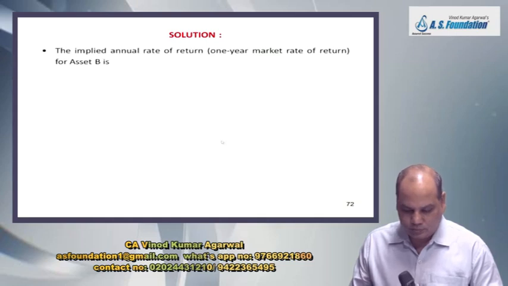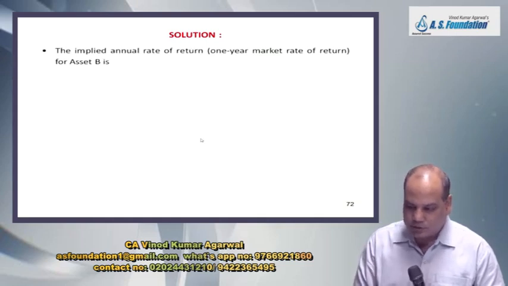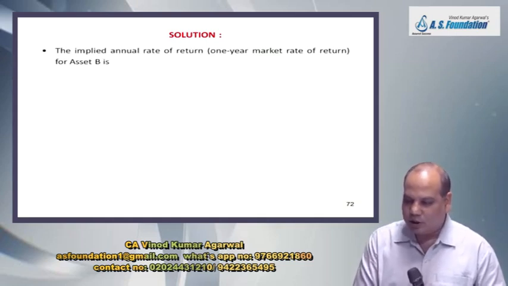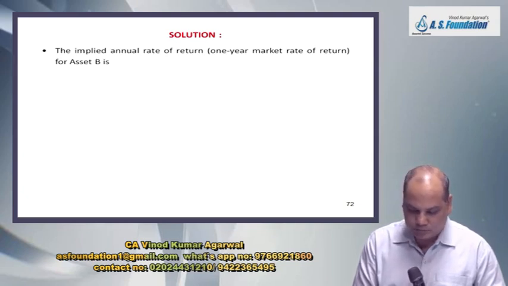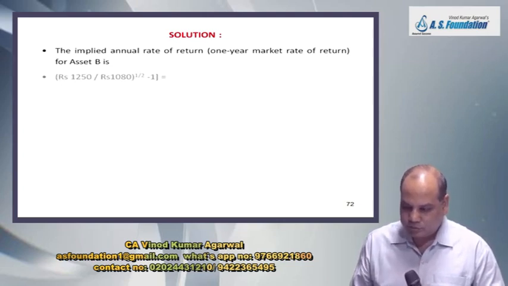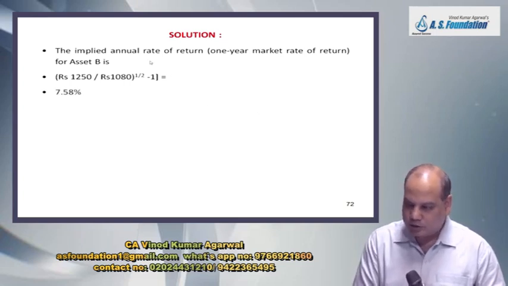So now write down, dear student, write down a little fast, the implied annual market rate of return for asset B is, the implied annual rate of return.